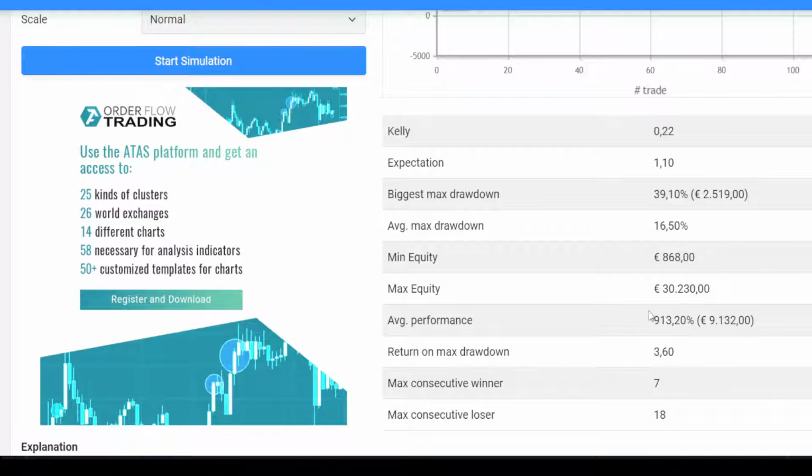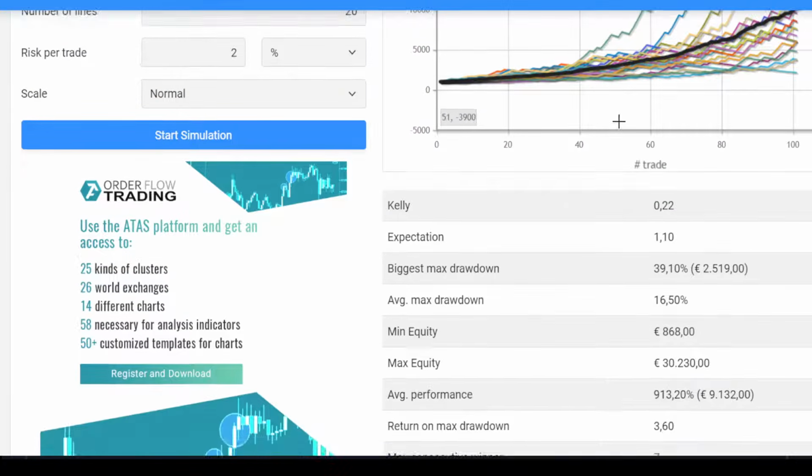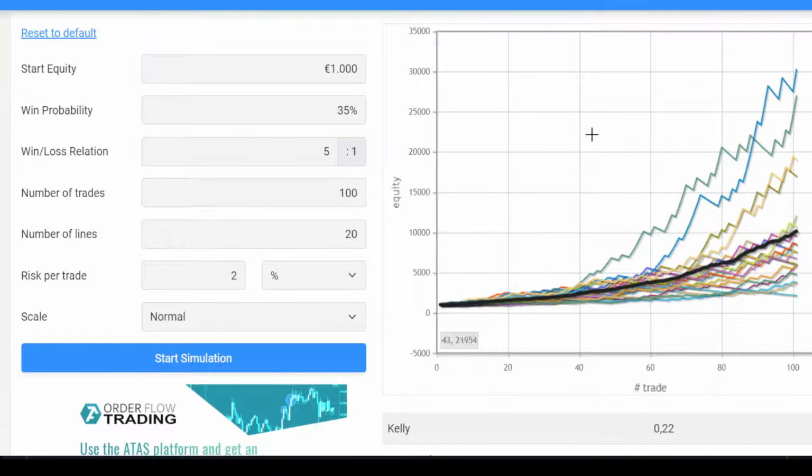But if you're risking 10% per trade with this system, well, then you're almost certain to blow up your account, right? And 10% and beyond. And we can make this even more extreme by just saying I risk 100% per trade. Well, it's a certainty. We all understand that I'm going to blow up this account. And so this starts to draw the relationship between the profitability of this system.